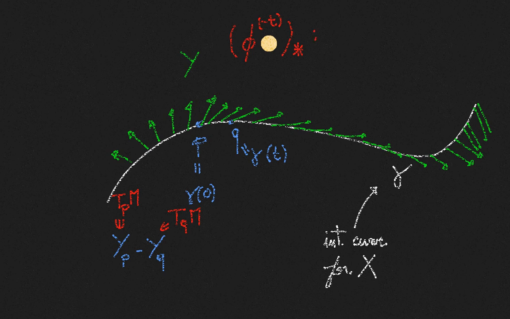It goes from, for example, T_q M. Q is gamma of t, so if you push forward via phi with minus t, you go back t in time, so you end up on p.